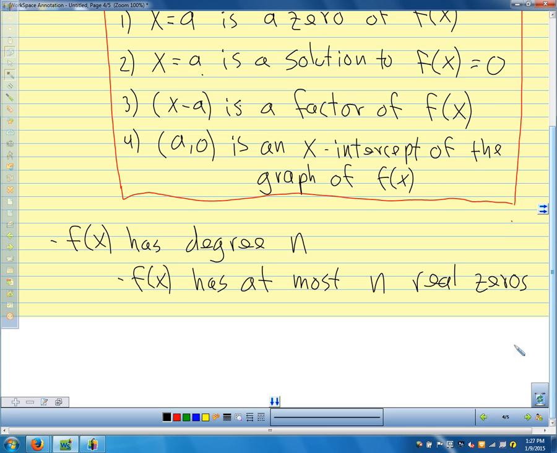Sometimes 2 of our roots could be complex or imaginary roots. So f of x has at most n real zeros, and f of x has at most n minus 1 maximums or minimums.